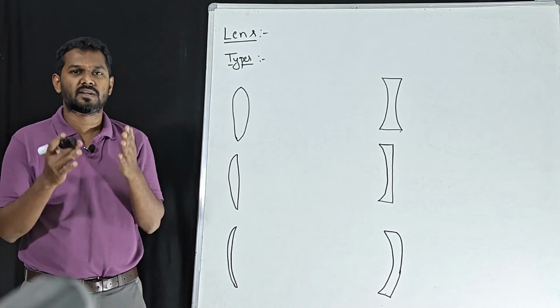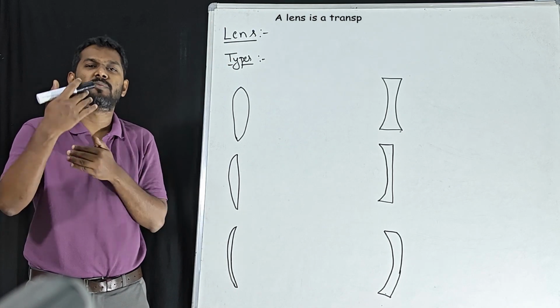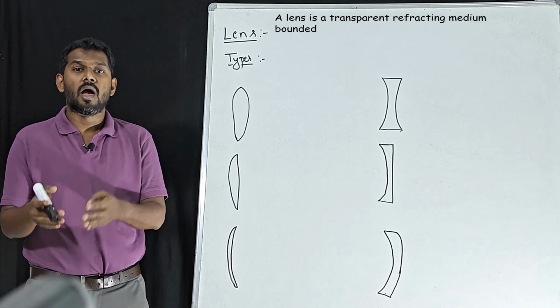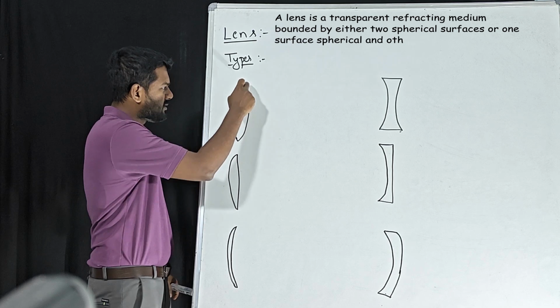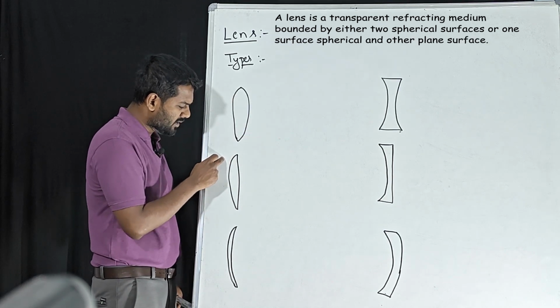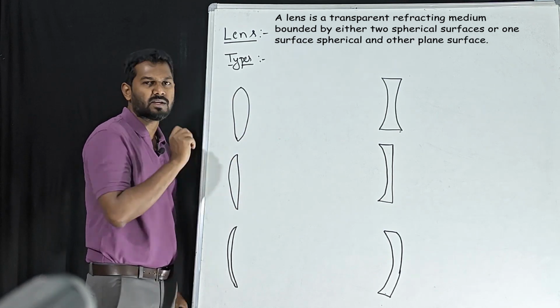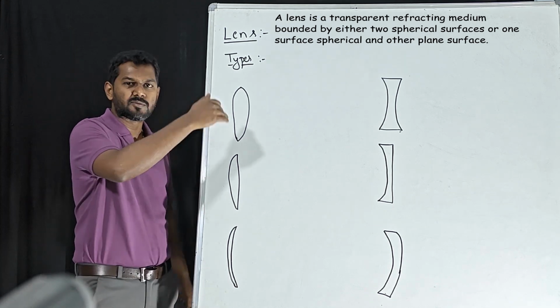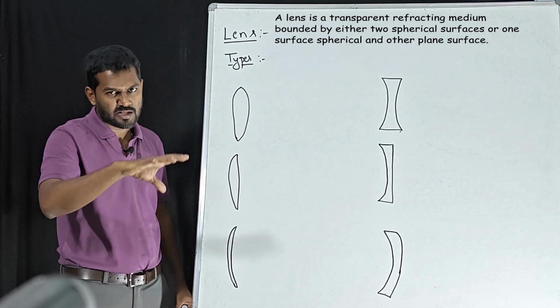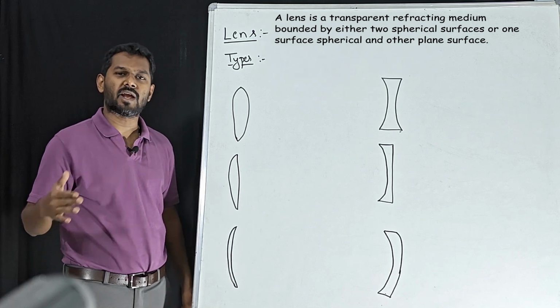A lens is a transparent refracting medium which is bounded by either two spherical surfaces or one spherical surface and one plane surface. A lens is transparent, and it is used to refract the light.